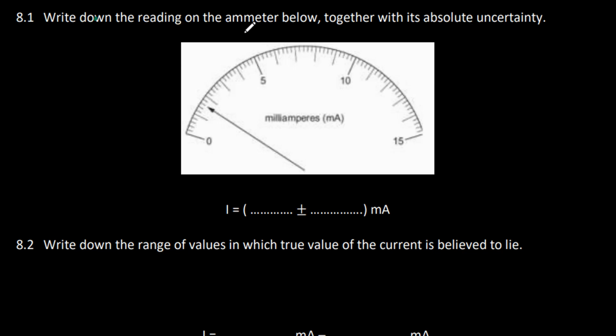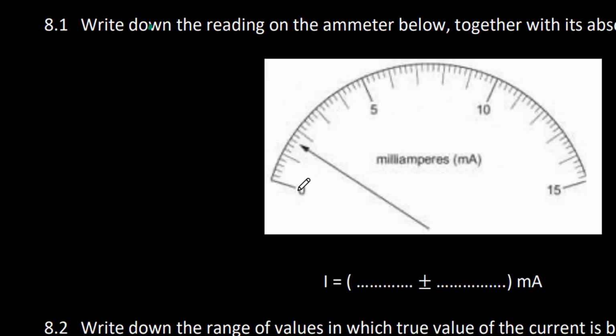So let's first find the reading. Now on this ammeter we have large divisions. So for example 1, 2, 3, 4, 5. So each of these large divisions represents 1 milliamp. Then within a large division we also have 1, 2, 3, 4, 5 small divisions.